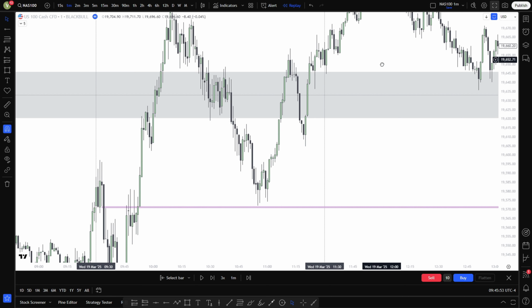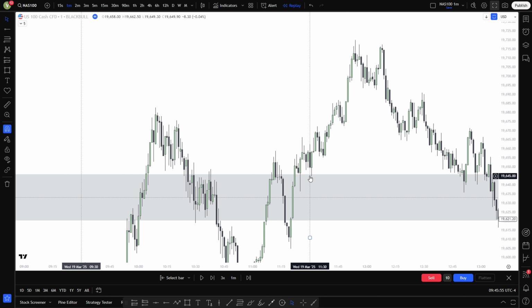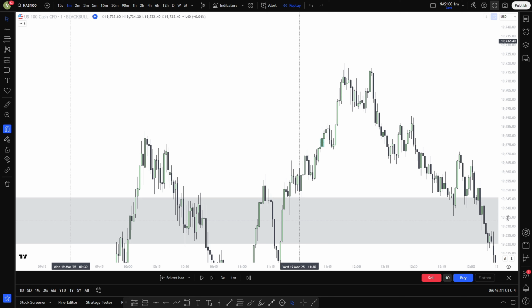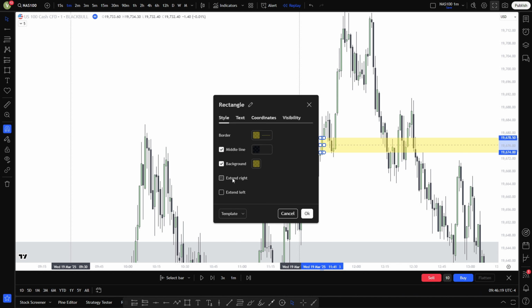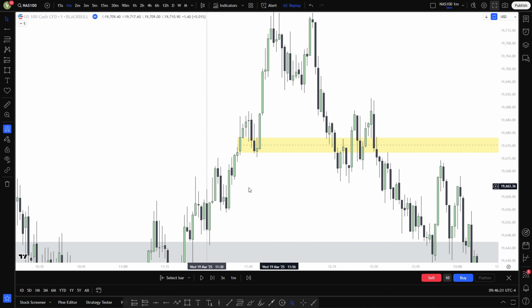Remember all this price action. 11:30 is here, and you start looking for your first presented fair value gap after 11:30, and it's here. Let me make it yellow again. I'll extend it to the right.